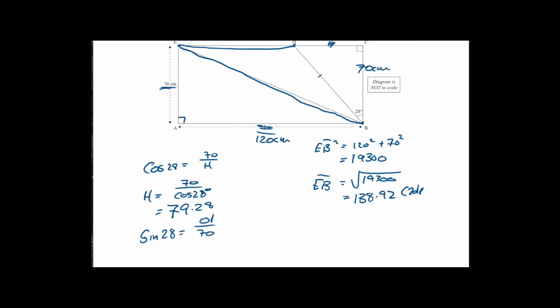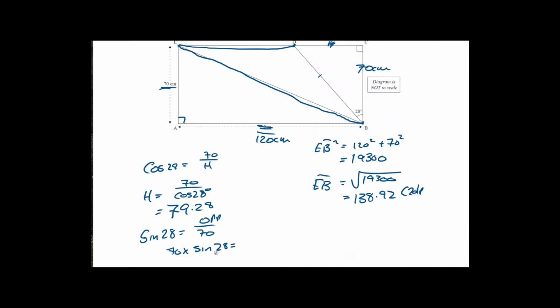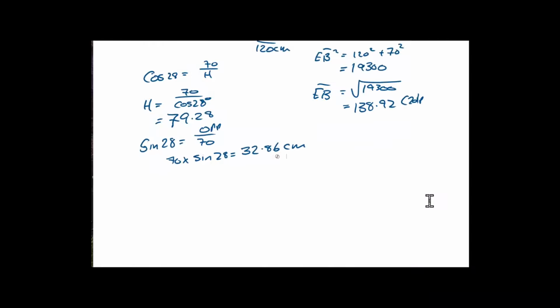So that side there is going to be equal to 70 times sine of 28 degrees. It's 32.86 centimeters. So now we have all of the sides and we need to add them up.